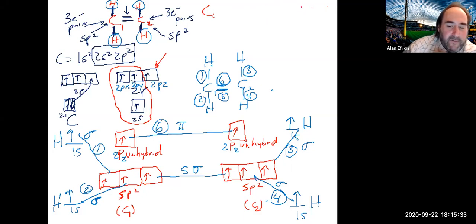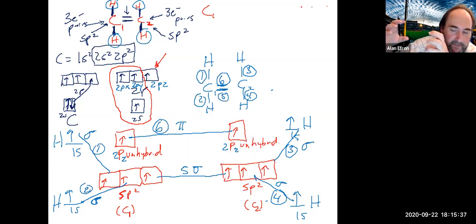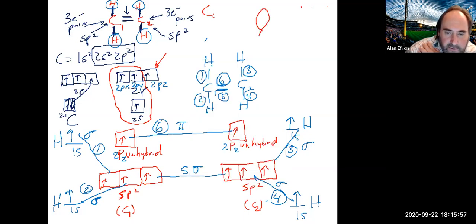But the difference is a sigma bond, as we talked about, is when the 2 orbitals head straight at each other, head to head, and they overlap like that. In a pi bond, because these are unhybridized p orbitals, they look just like regular p orbitals, that figure 8 type of shape. So what we get when we make a pi bond is not head-to-head overlap like with a sigma bond.